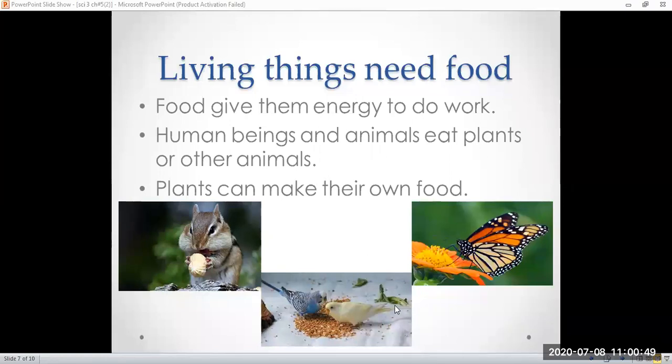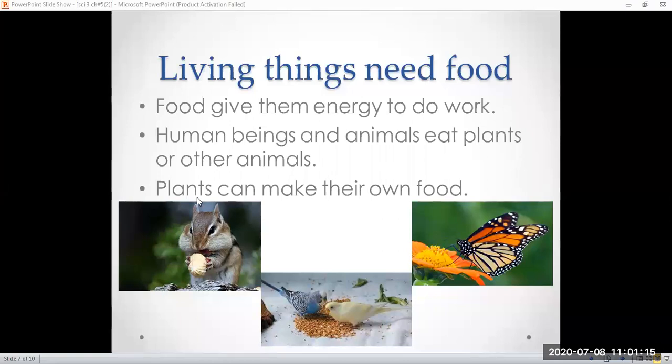So we eat different kinds of vegetables and fruits. These vegetables and fruits we can get from plants, and we eat meat as well. All the meat we eat comes from animal sources. So human beings and animals eat plants and other animals, while plants can make their own food. Human beings and animals cannot make their own food.